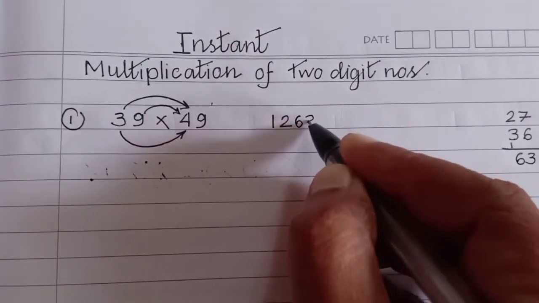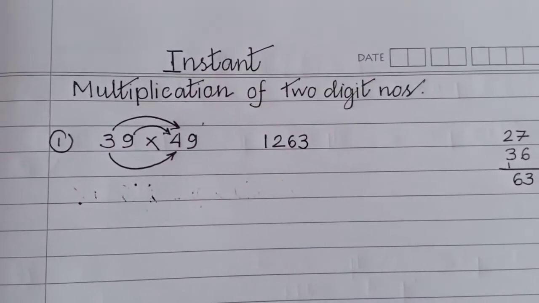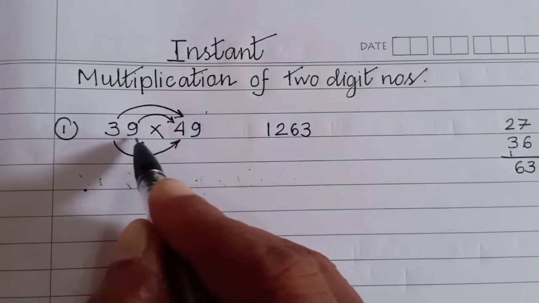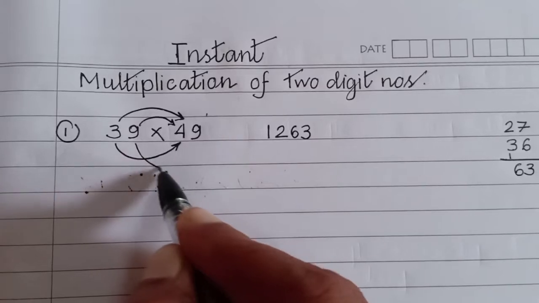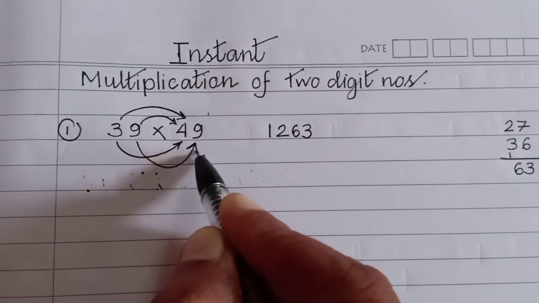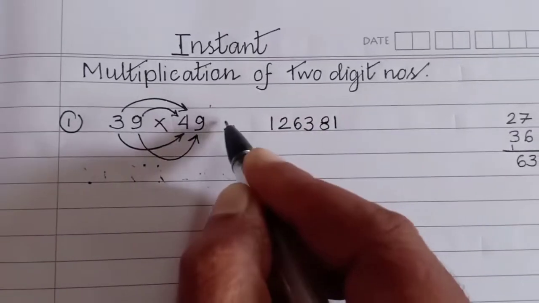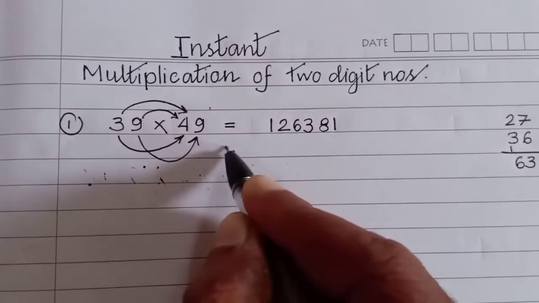So you write here 63. Now after that you make a multiplication of 9 into 9. 9 into 9 is 81. Now you are reaching towards the answer.